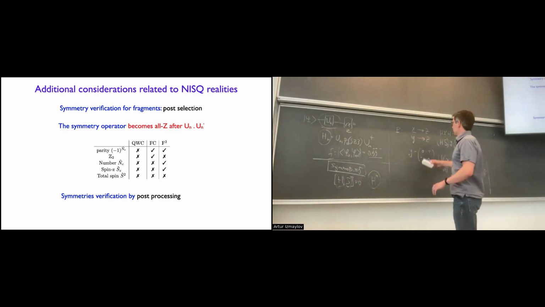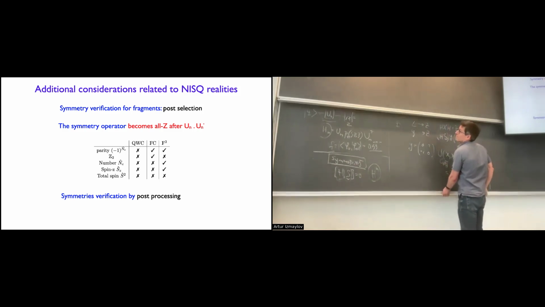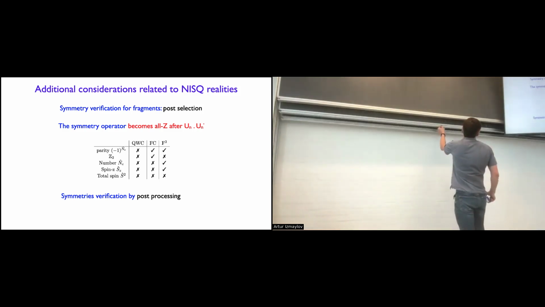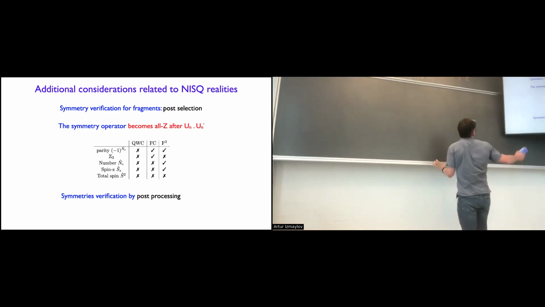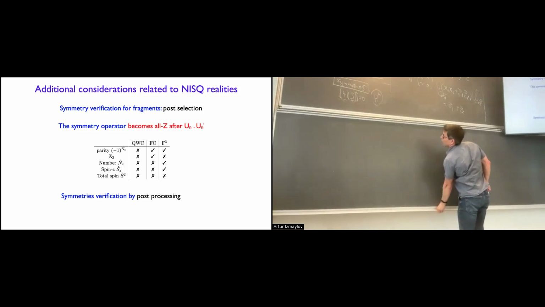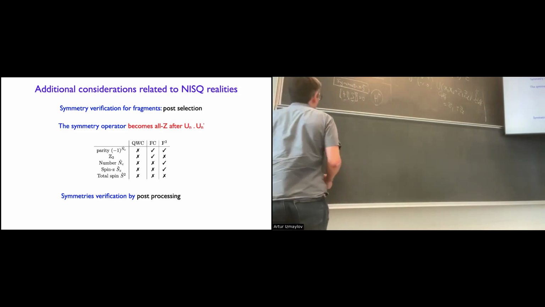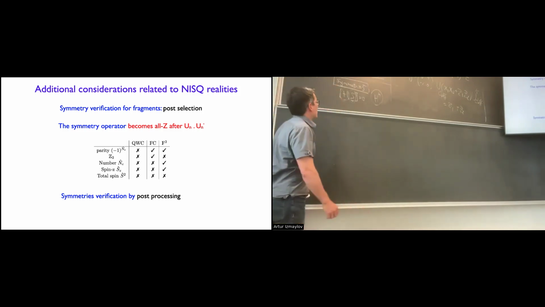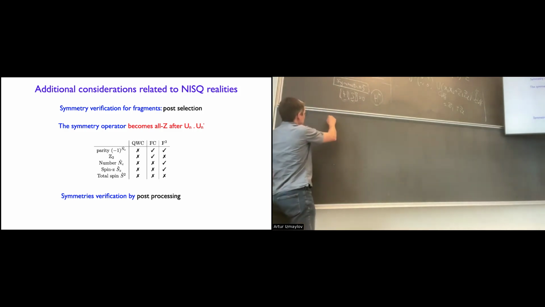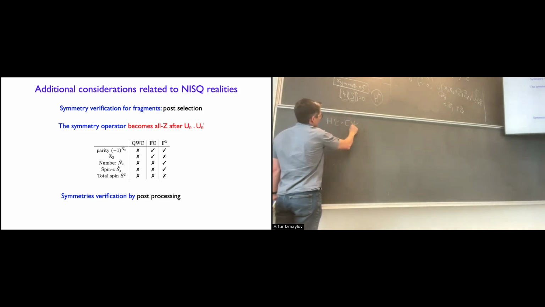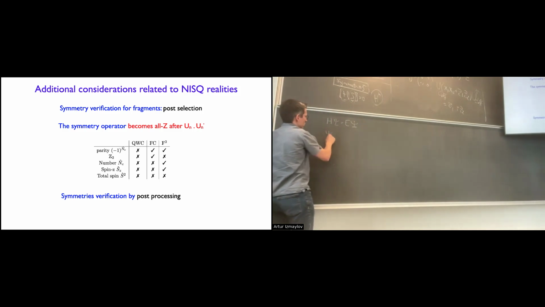Okay. Now, in this case of selecting the results which are consistent with symmetry, the story is a little bit more complicated. If you are trying to get the eigenstate of the Hamiltonian in VQE, that's the idea, but you're always working with some approximate state, which is not an eigenstate of the Hamiltonian.